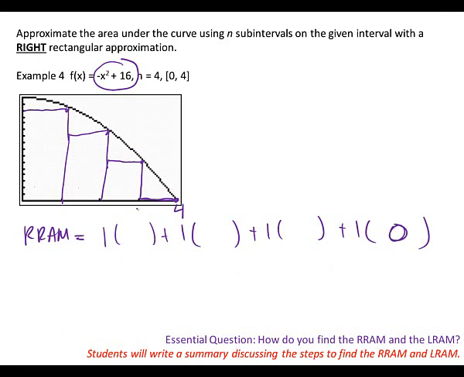All right, now we're putting in a 3. What's 3 squared? So negative 9 plus 16 is? 7. What are we putting in next? 2. Okay. 2 squared. So negative 4 plus 16 is? 12.